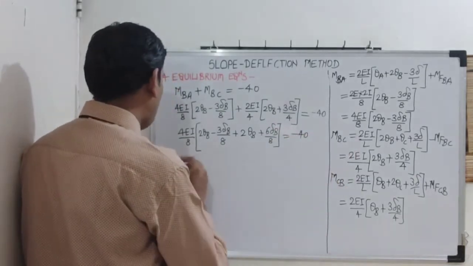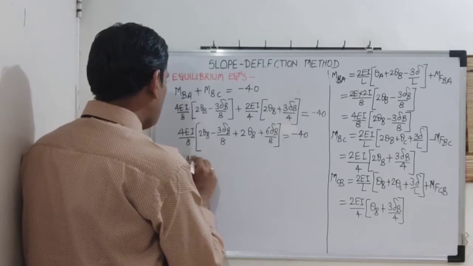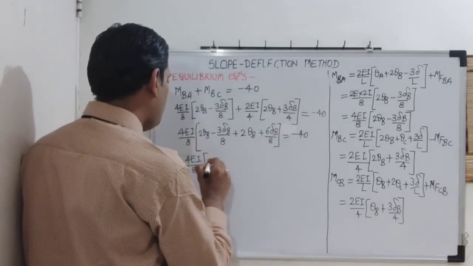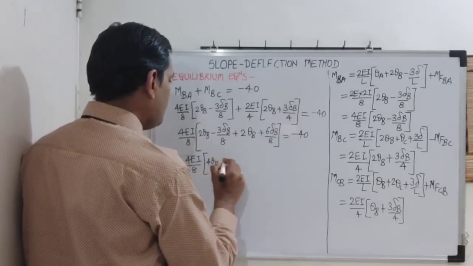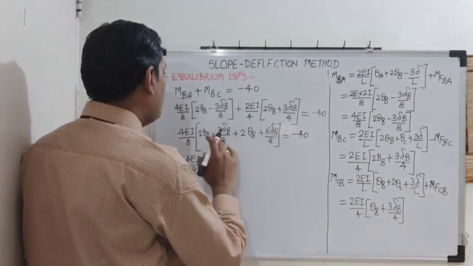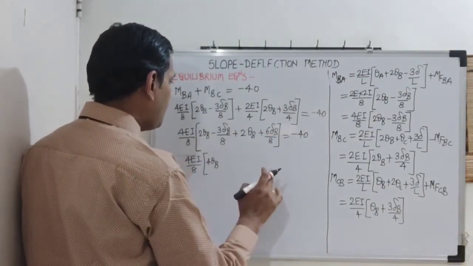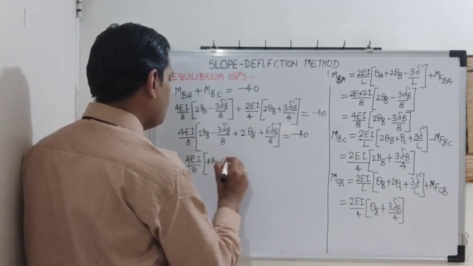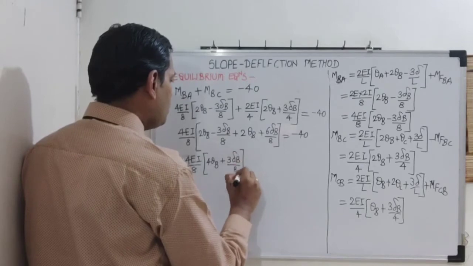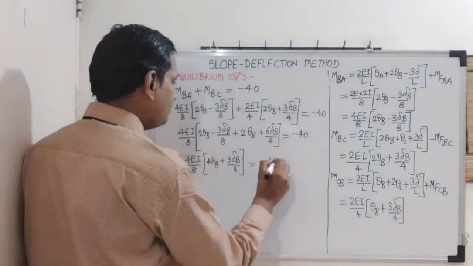Simplify ahead. So 4EI upon 8 into bracket 2 theta B plus 2 theta B is 4 theta B, then plus 6 by 8 minus 3 by 8, so effectively plus 3 delta B upon 8, equal to minus 40.